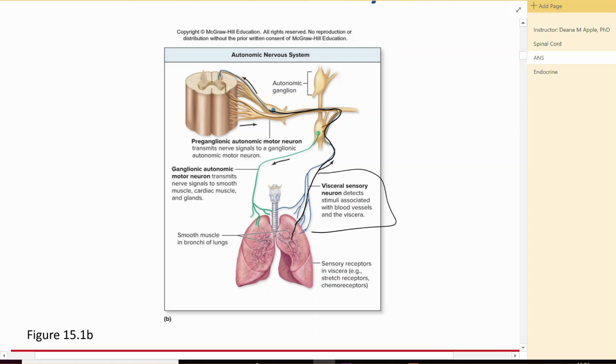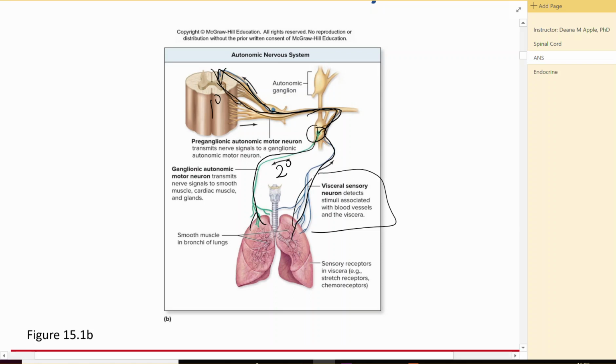It's going to come in through the dorsal root ganglion, just like any other sensory information would, into the dorsal horn. It's going to go out through a preganglionic motor neuron. So this is motor neuron number 1, which is then going to synapse into the ganglionic autonomic motor neuron. So this is motor neuron number 2. And that neuron is going to send information back to the tissue that the sensory information came from, so it can execute some response. So it's a 2-neuron system.